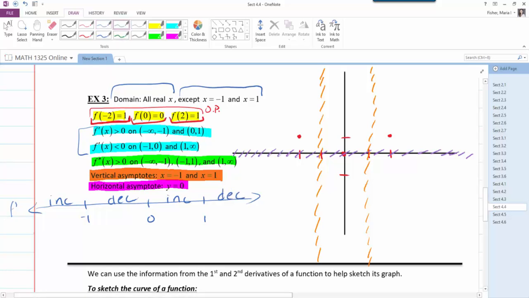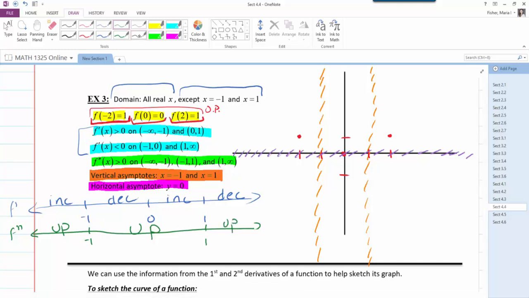For my second derivative, I'm told that I am concave up from -infinity to -1, concave up again from -1 to 1, and concave up again from 1 to infinity.